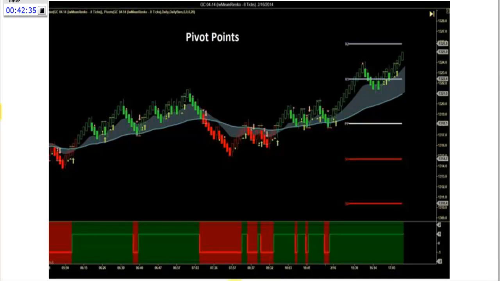So floor pivots, the problem I have with them is that they tend to be self-fulfilling. They work until they don't, right? A lot of people will look at them and say, oh, look how well S1 held, or S2, or how the market is reacting to R1 and R2.